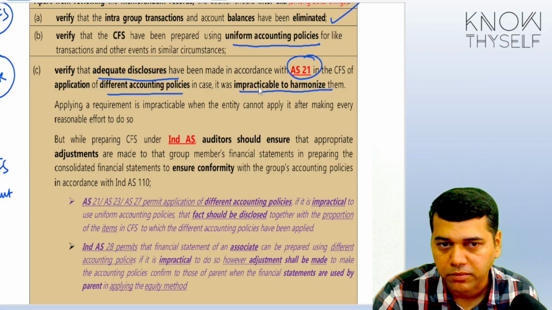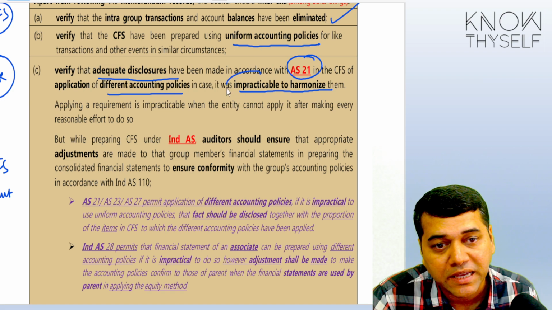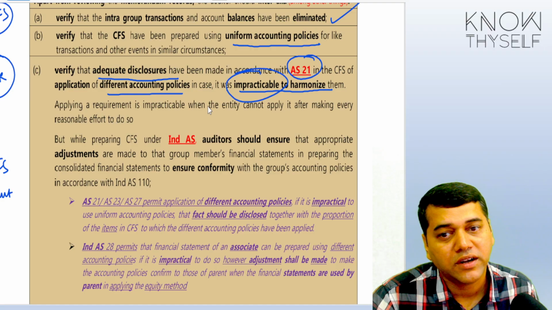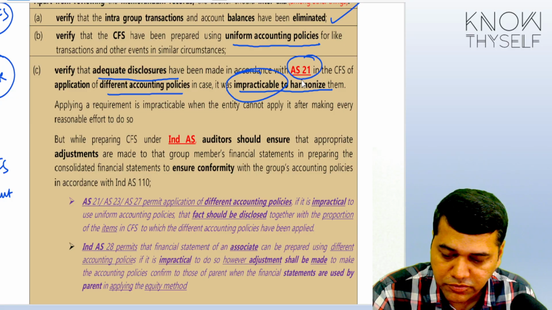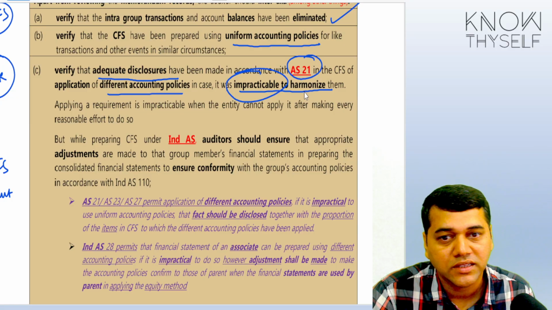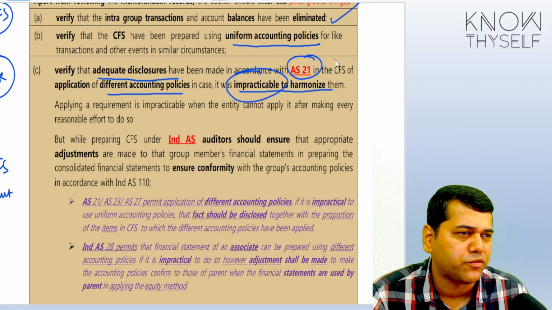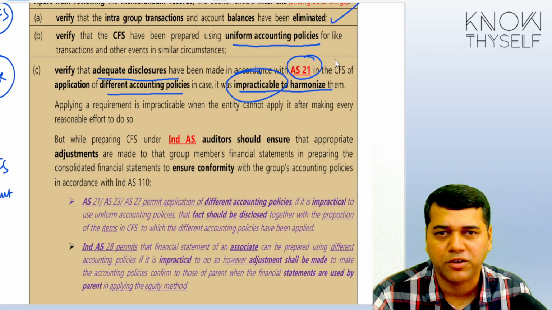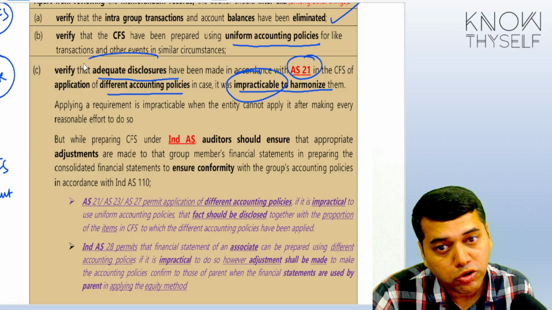FR, you have solved these problems. Now, what if the harmonization is impracticable or immaterial? Then accounting standards come with one exemption. They say that, look, if it is really impracticable to do it because of the nature of the inventory or because of the location or whatever it is, then do one thing: give disclosure in the notes to accounts.